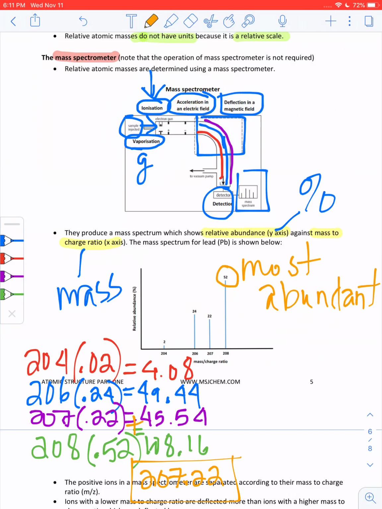It's this one because it's got 52%. So I would say the lead, or the PB208, or the lead 208. That's the name of that isotope. It's lead 208. That one is the most abundant because it's got the highest abundance, the highest number, and I can tell because its peak is the highest.